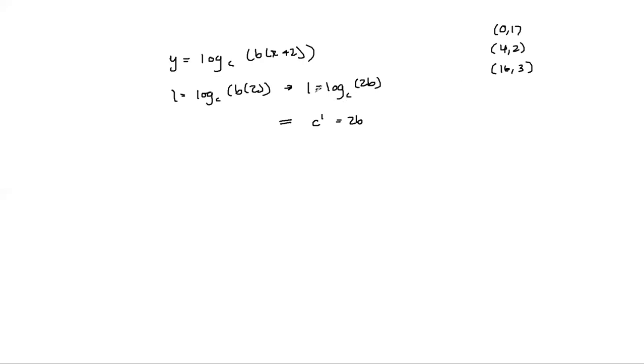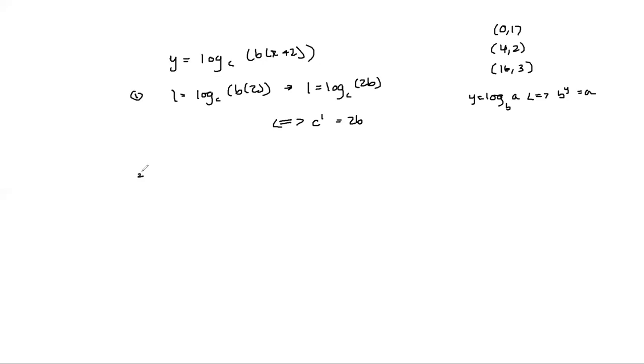Since y equals log base c of a is the same as c to the power y equals a, I can rewrite it this way. So this is with 1 point.